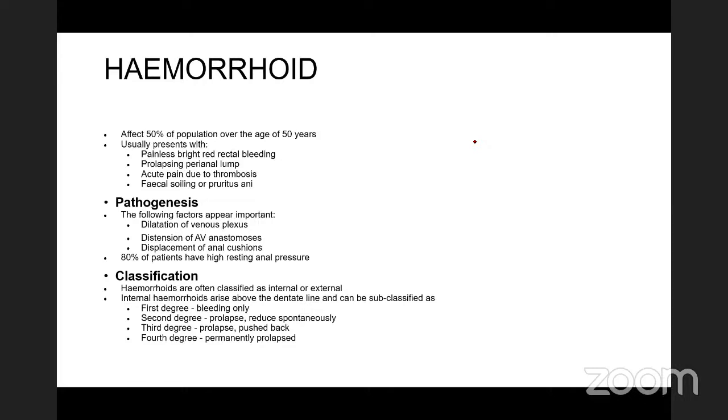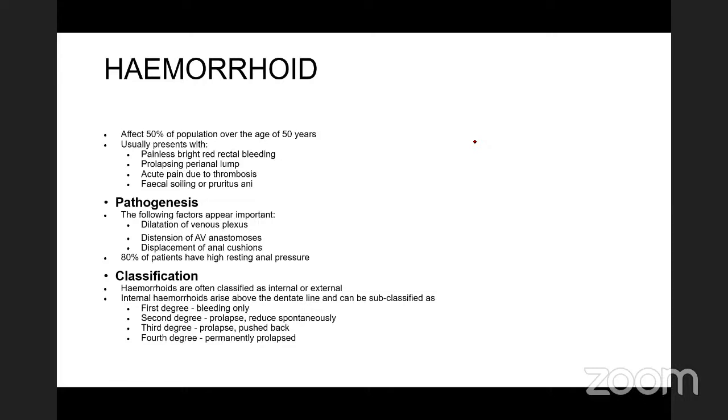Okay, now there is a prolapsing perianal lump, acute pain due to thrombosis, fecal soiling, and pruritus ani. They will be having itching around their anus. What is the pathogenesis? Now, there are various theories about this.